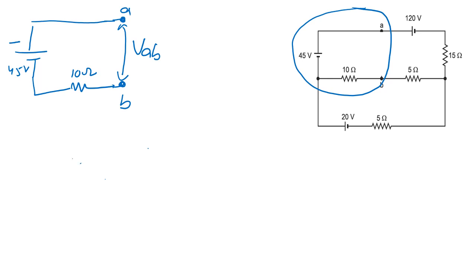So I am taking the plus sign here and the minus sign here. So the direction of the voltage across 10 ohm is this, and the direction of voltage VAB is this, and the direction of 45 volt is like this.